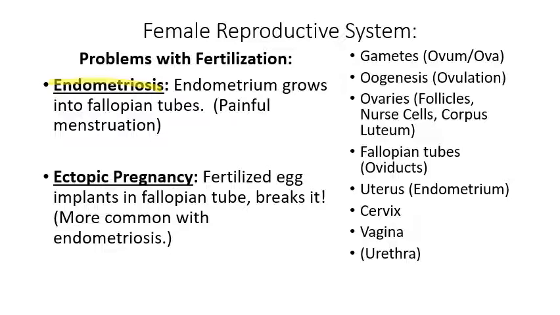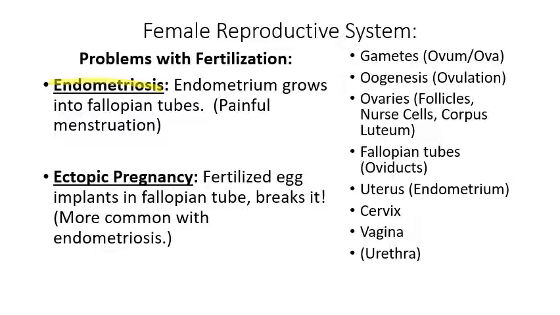The fallopian tubes are lined with ciliated epithelial cells, while the uterus is lined with another type of columnar epithelium called endometrium. The endometrium is where the fertilized egg is supposed to implant itself, but occasionally, if the endometrium grows out into the fallopian tubes, the egg could implant there.